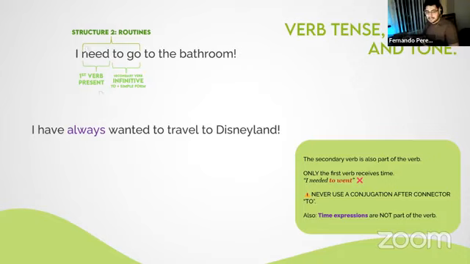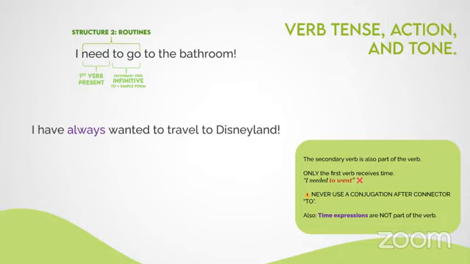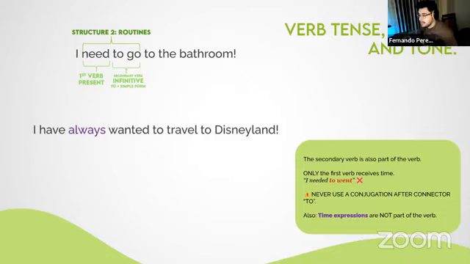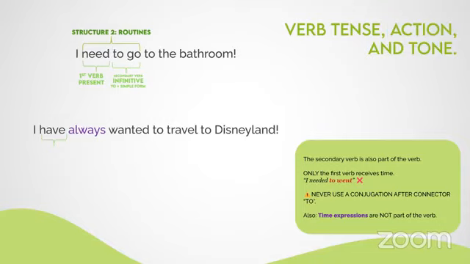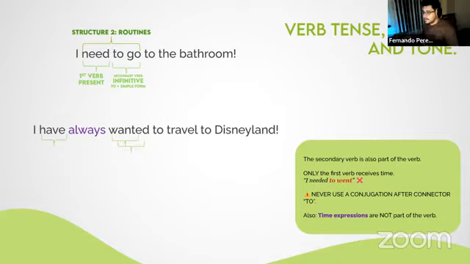What is the first verb, like here in this first case? Have wanted. Very good. This is the first verb, not including always.